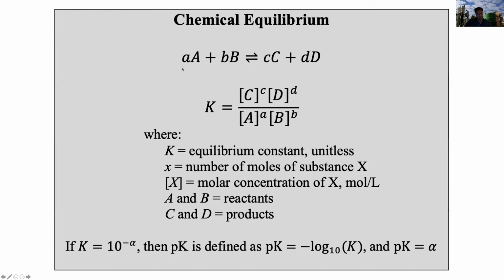So let's suppose we have a reaction A plus B being converted to C plus D. The chemical equilibrium constant K is defined as the ratio of products raised to the degree of their molar concentrations in the stoichiometry divided by the product of all of the reactants. And when you see here the reactants and the products in brackets, that's referring to their molar concentrations.